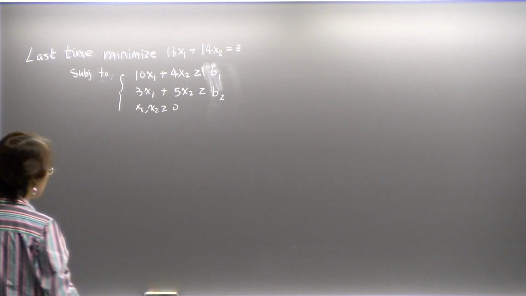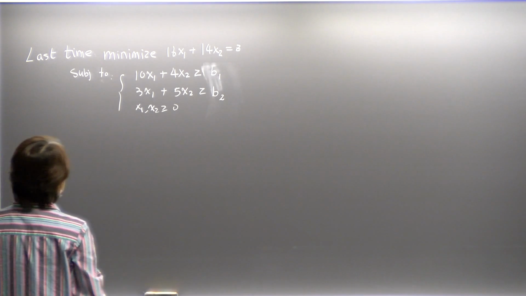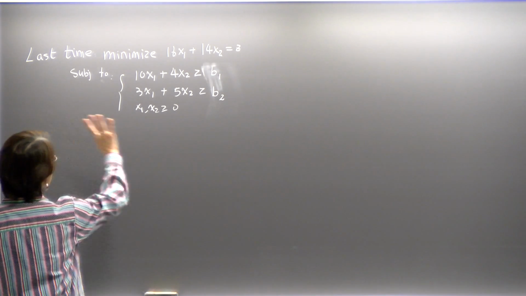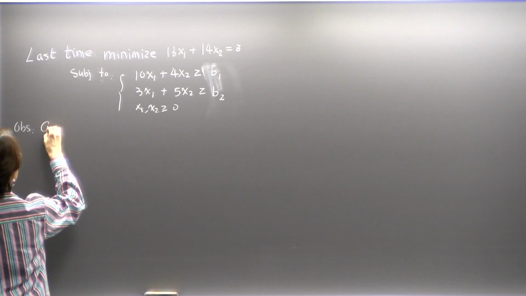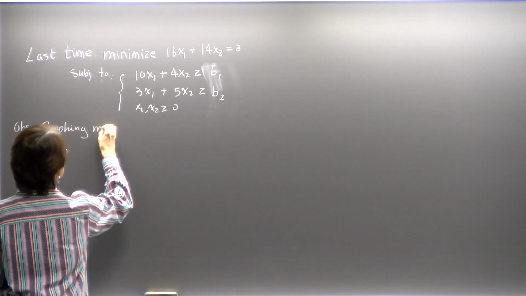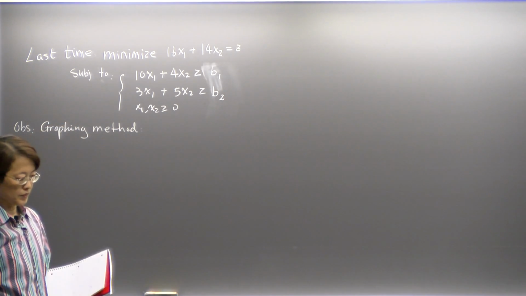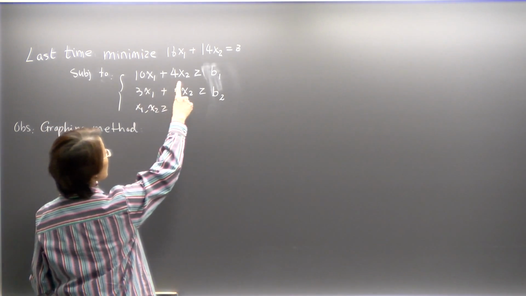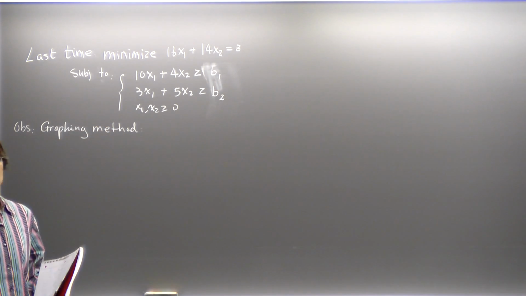So we still want to do it in the setting of a graphing method. Then if you want to do the graphing method, so we make this observation. Let's say I want to do the graphing method for this. What will I have to do? I will have to draw this line with the parameter on the right-hand side that I should be able to move.